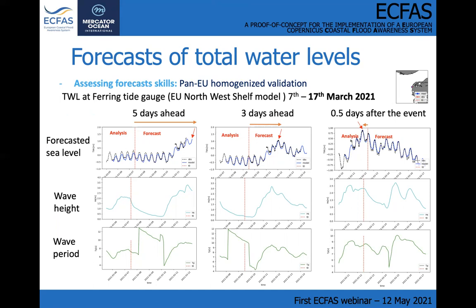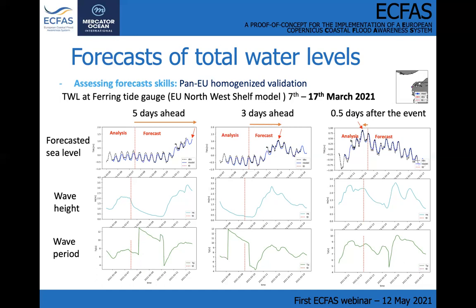And you can see with the dashed red line, the delimitation between the analysis, where we benefit from observation, and the forecast. And we have an idea here of how the model performs compared to observation that were gathered, of course, after the forecast, with a forecast lead time of 5 days, 3 days for the middle column.